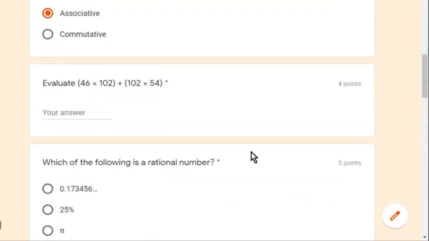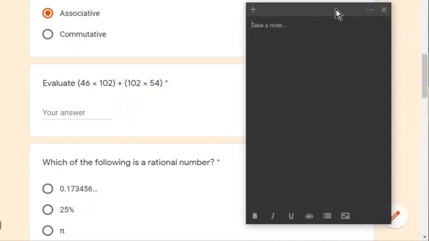Question 2. Evaluate 46 times 102 plus 102 times 54. Okay, so this is like an expansion of a distribution. We can see the 102 multiplying 46 and at the same time also multiplying the 54.